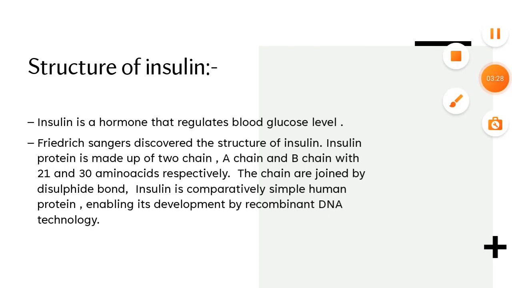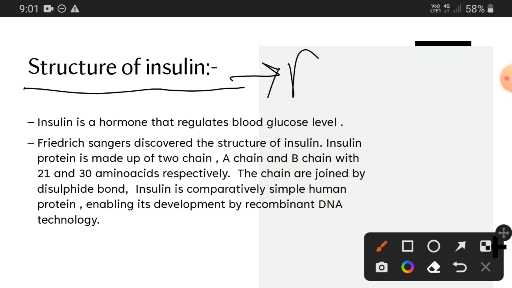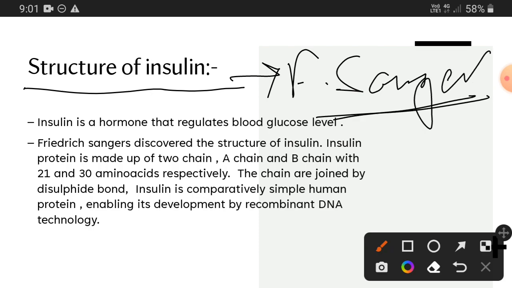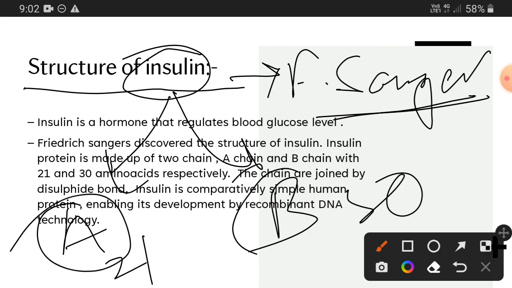So let's discuss the structure of insulin a little bit. The structure of insulin was first discovered by Frederick Sanger. He showed us that insulin consists of two chains, one is the A chain and the other is the B chain, consisting of 21 and 30 amino acids respectively. The A chain and B chain are joined by disulfide bonds.